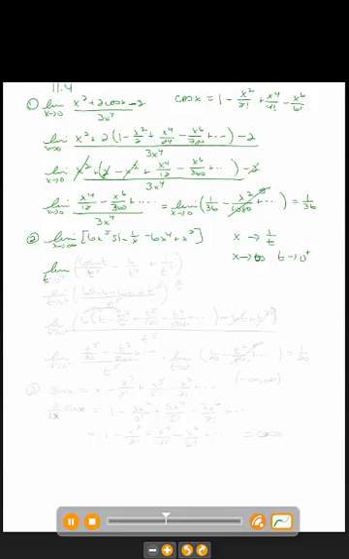So this would turn into the limit as t goes to 0 from the right-hand side of, now if I flip all this around like I'm supposed to, it's going to become 6 sine of t over t to the fifth. And then minus, this is going to be 6 over t to the fourth, and this is 1 over t squared.